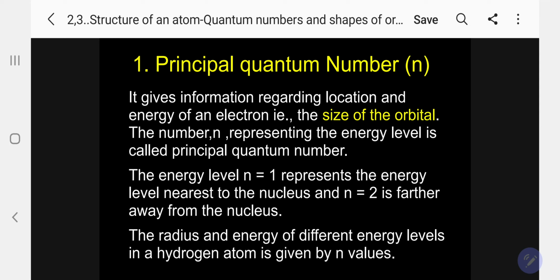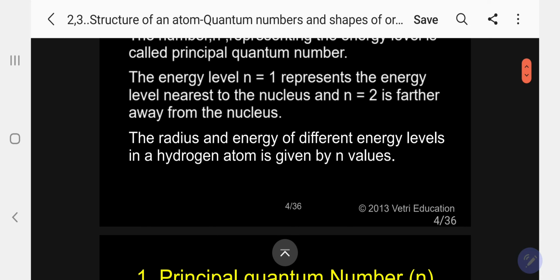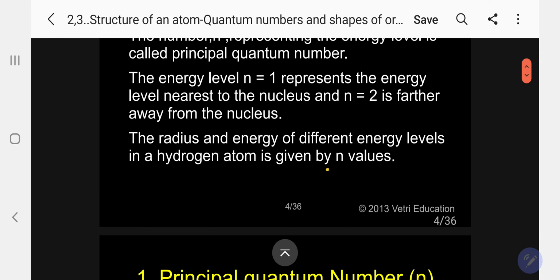The radius and energy of different energy levels in hydrogen atom is given by n value. Please follow, the radius, that is the size, and the energy of different energy levels in a hydrogen atom is given by n values. This I have already discussed under the Bohr theory.